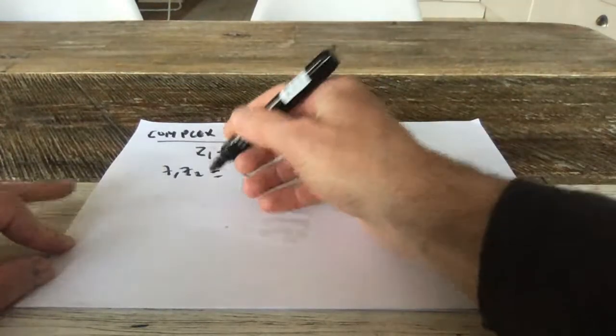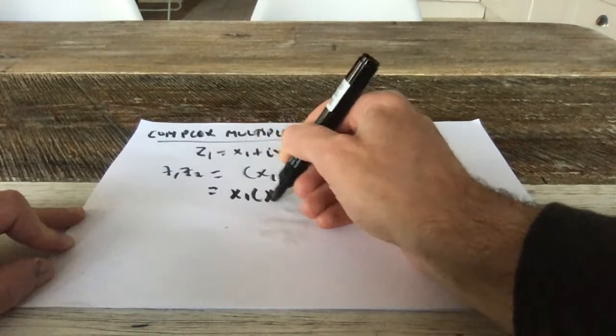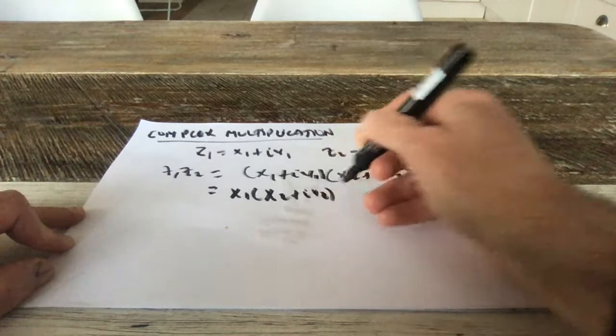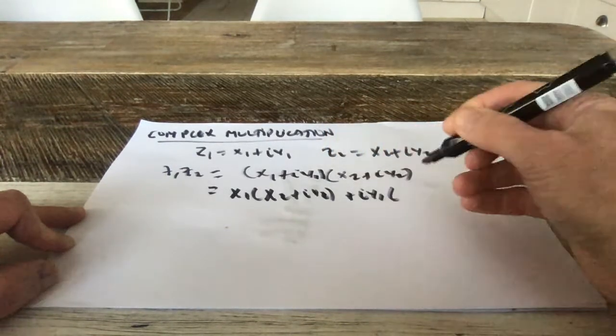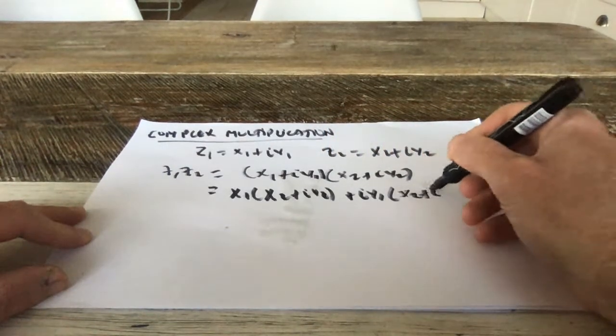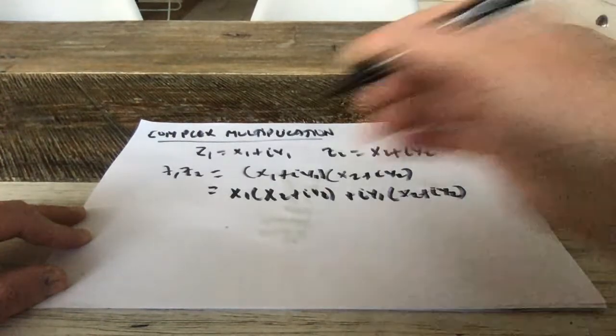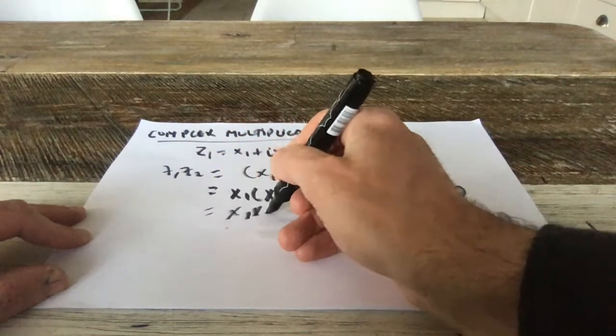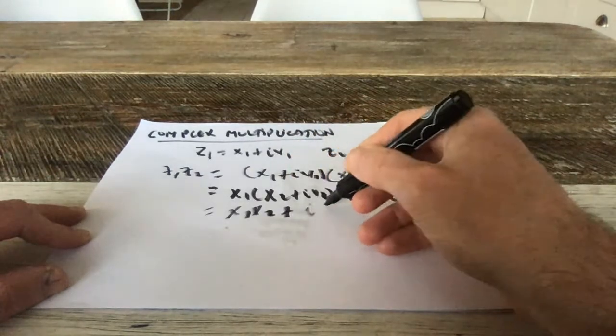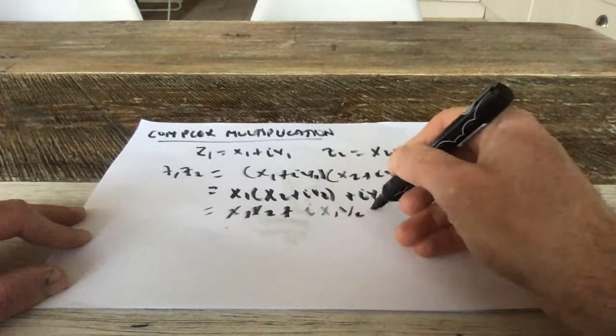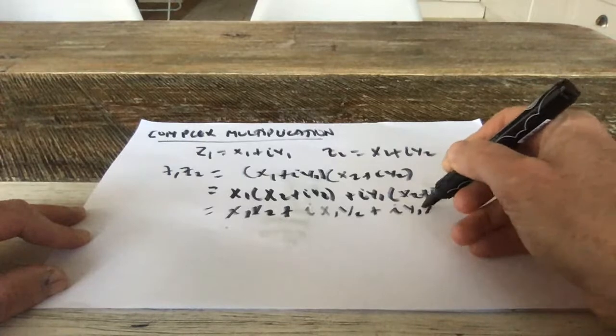So you get x1 into x2 plus i y2, plus i y1 into x2 plus i y2. And you multiply out, so you get x1 x2, plus i x1 y2, plus i y1 x2.